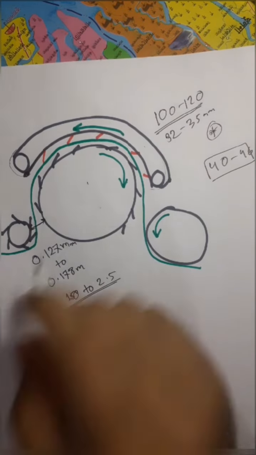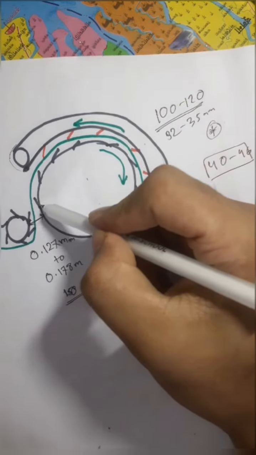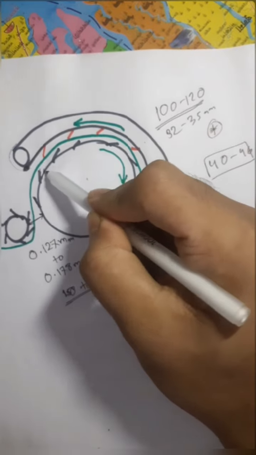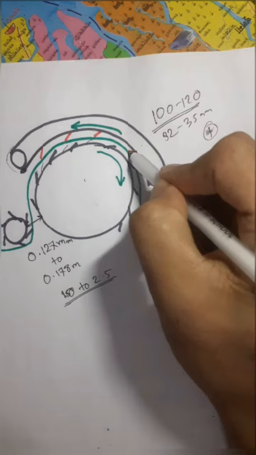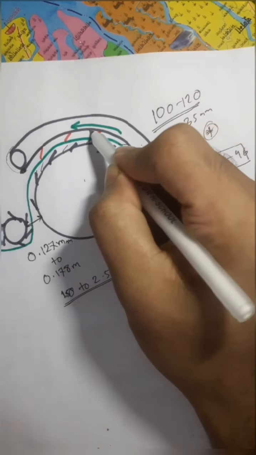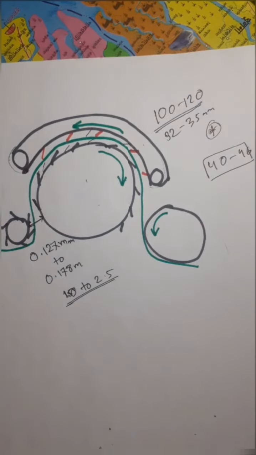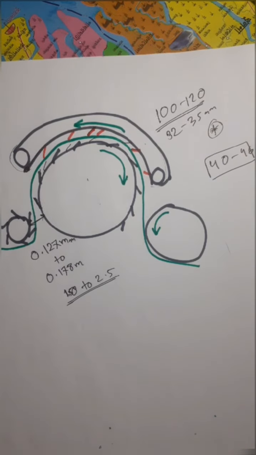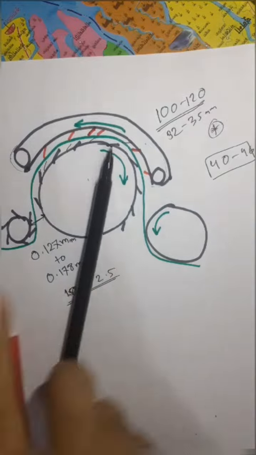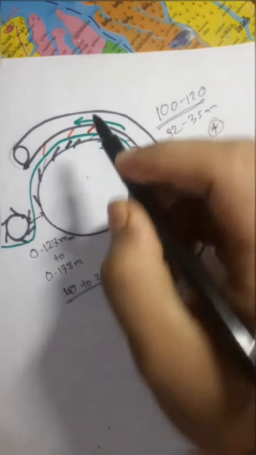Now look carefully. The wire direction of cylinder is in this following direction, and the wire direction of flat is in that following direction. The red color is the wire direction of flat, and the black color is the wire direction of cylinder.